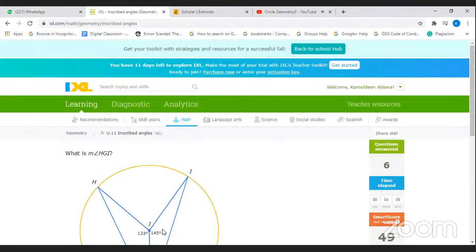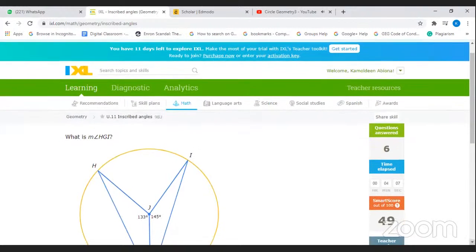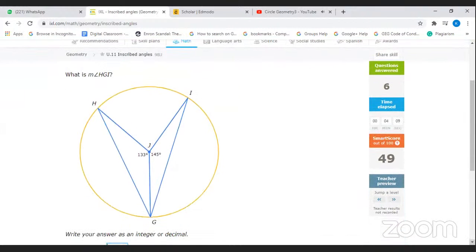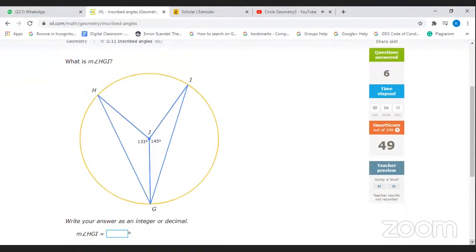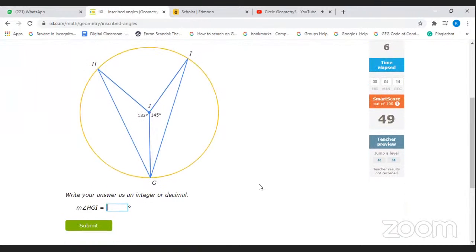So if you do this together too, let's see. We want to find HGI. So what do we do? The same way. So you can just first add this together, or the same way. It depends. There are so many ways of doing it.